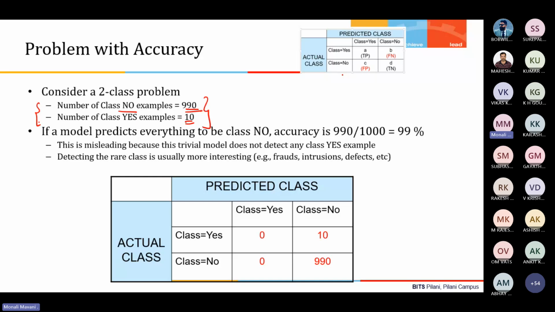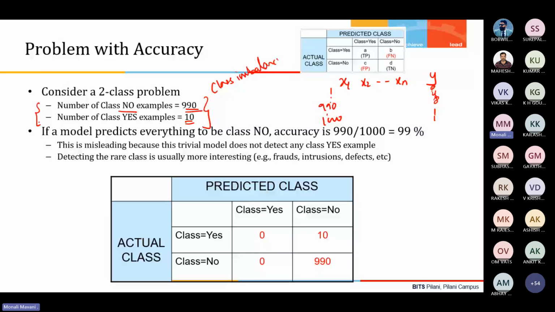Say this is our data set: we have some features, then we have the ground truth, and say 1000 examples. Of these, 990 are 0, 0, 0, and only 10 examples are 1. We call this a class imbalance.